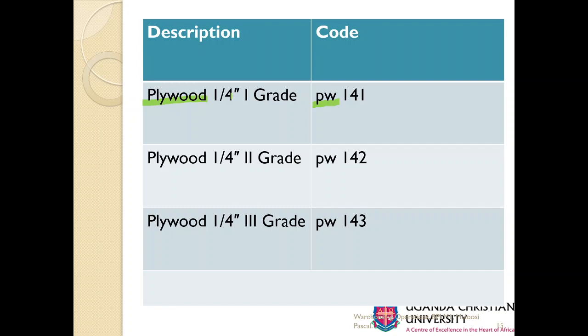So the 1/4 inch, which is 1/4, would be reflected as 1/4. But different grades of plywood. Grade 1 would be 141, grade 2, 142, grade 3, if it is partial, partial 1, partial 2, partial 3.